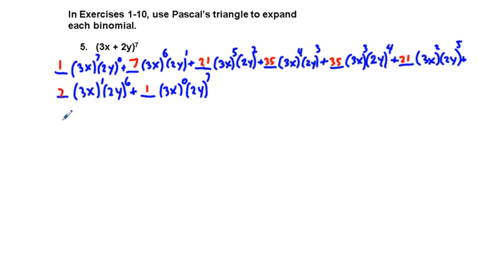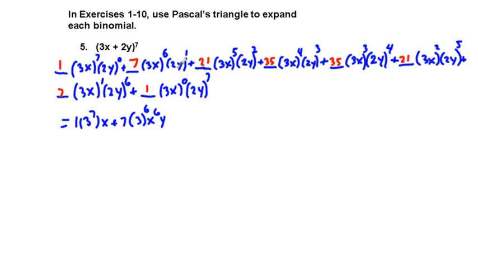Okay, now we're just going to try to simplify as much as we can. We're going to have 1 times 3 to the 7th power, x to the 7th. Our next term, and these are all going to be plus, so that's not going to be a question. We're going to have 7 times 3 to the 6th power, x to the 6th, then y.